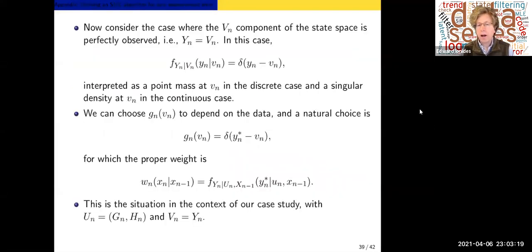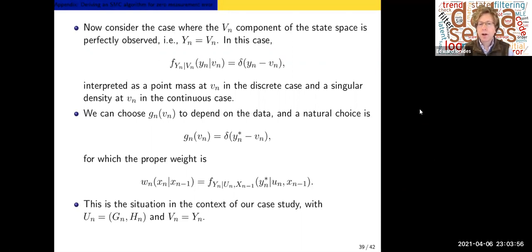Now, we're interested in the case where v_n is the thing that's perfectly observed. So we're going to set y_n equals v_n in the case of our stochastic volatility model. And then the density of y_n given v_n is formally a delta function, because that's basically an infinitely peaked density at y_n equals v_n.